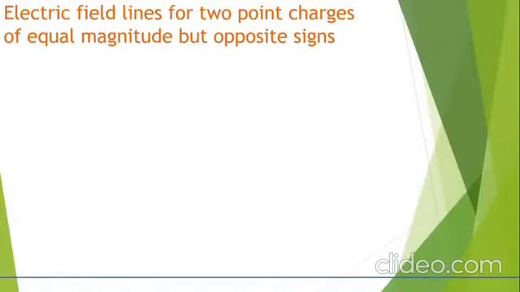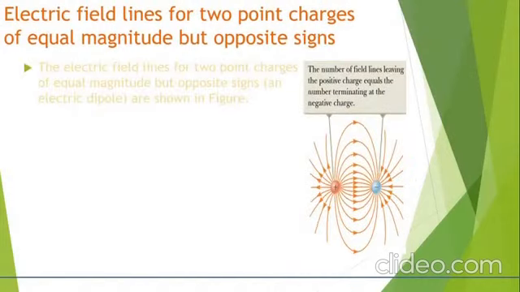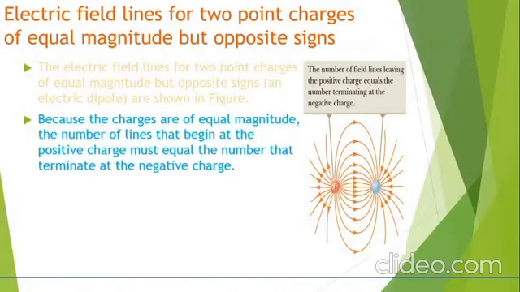Let's discuss the electric field lines of two equal and opposite charges, shown here in this figure. As we can see, the electric field lines are directed from the positive to the negative charge, indicated by an arrowhead. Here the charges are equal in magnitude, so the number of lines that begin at the positive charge must equal the number that terminate at the negative charge.